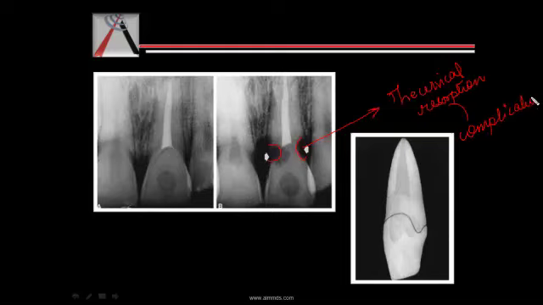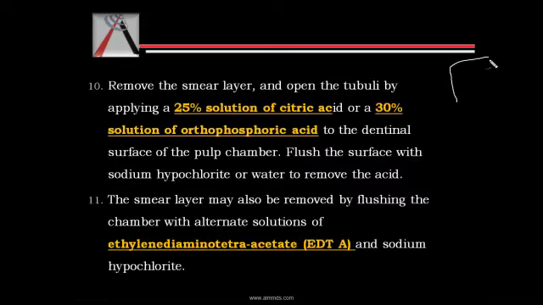To prevent that, we have to have a barrier which is extending especially along the shape of the CEJ. So we have to place the barrier so that there is no leaching of the agent into the PDL or in the cervical area. Now our tooth is prepared, a barrier is placed.